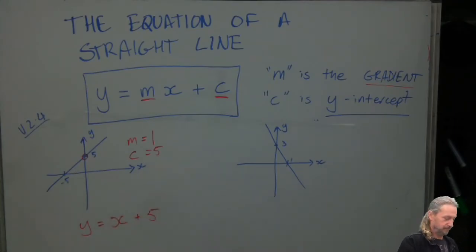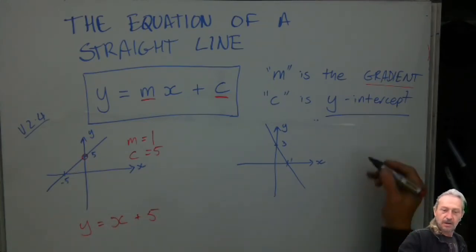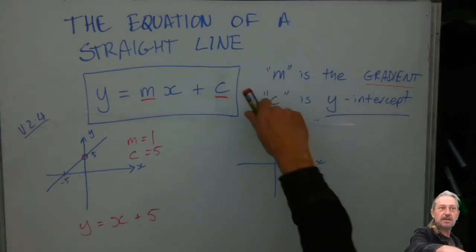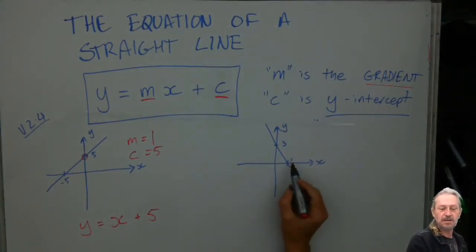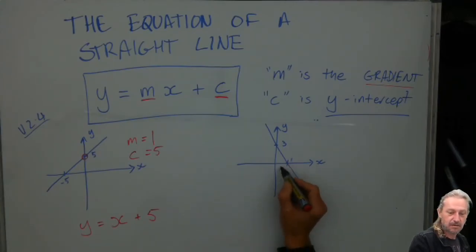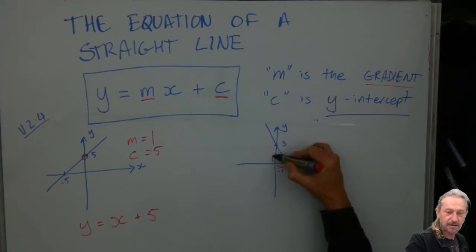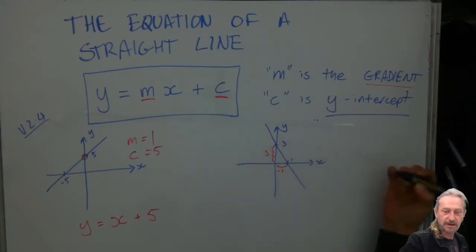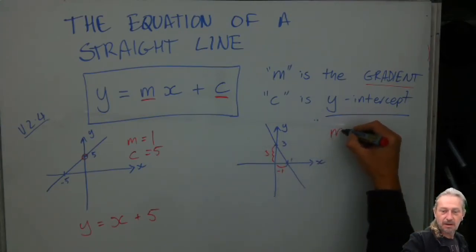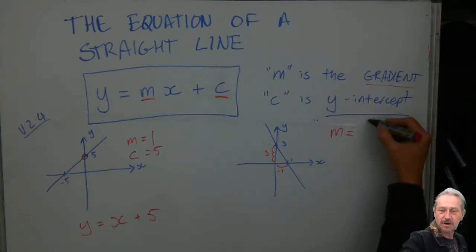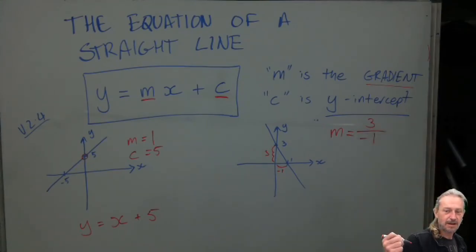This one, because it's coming down, we need to go backwards one step, and then so we go -1 in that direction, and then up 3 in that direction. So our gradient is rise is 3 over run -1.